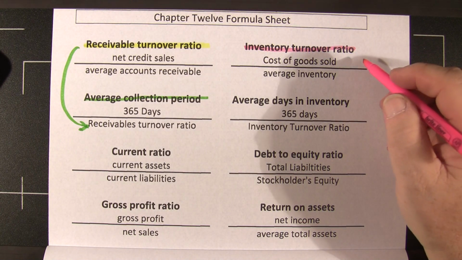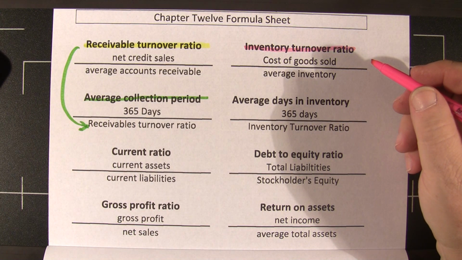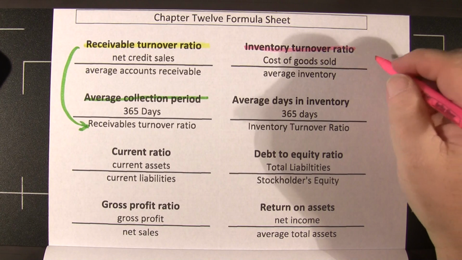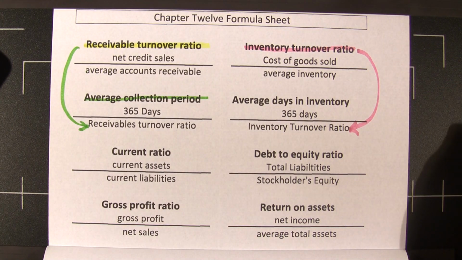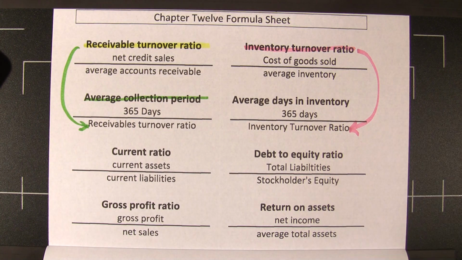Once we've come up with the inventory turnover ratio, it answers the question, roughly, how many times per year does this company sell all of its inventory and replace it with new inventory? We use that ratio to determine how many days are in inventory. And again, we take the ratio and divide it into 365 days.